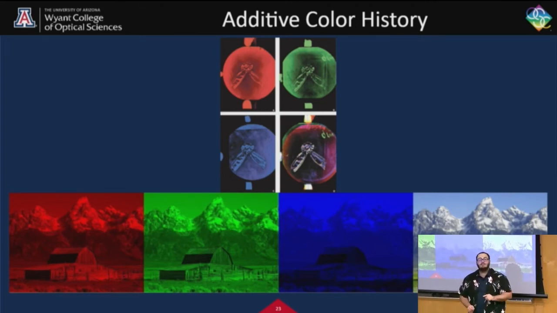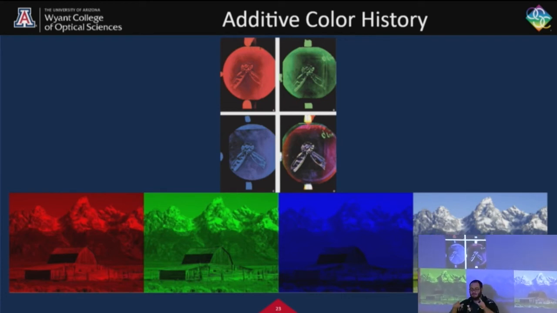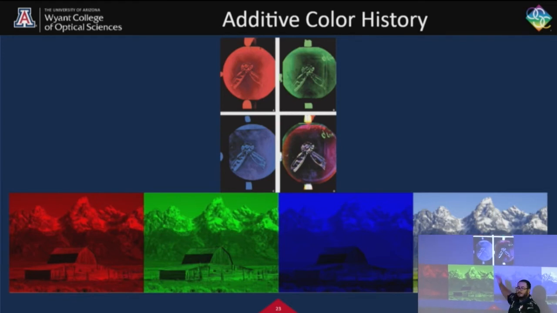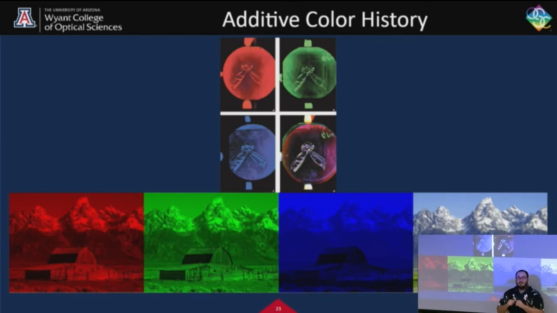But for each image, he added a different filter. So for the first image, as you see up here on the top left panel, he added a red filter over the camera lens and took one photo of the ribbon. If you move to the right panel, you see that he added a green filter in. And then down here you see he added a blue filter in. So he took 3 different images with 3 different filters.